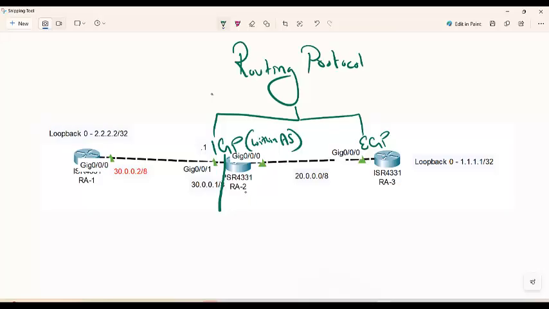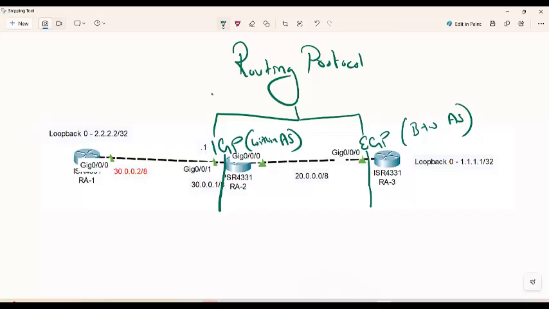EGP, Exterior Gateway Protocol, is between autonomous systems, meaning between your office and your next office, or your office and the service provider.